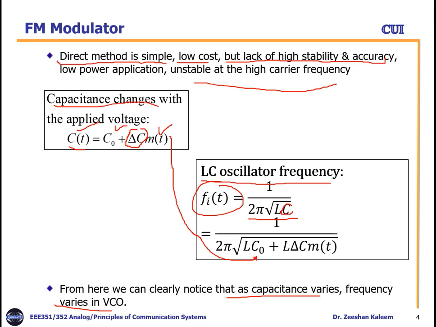By varying voltage, capacitance varies, and in the output the frequency varies as well. In this way we can generate the FM signal, and this method is called the direct method.